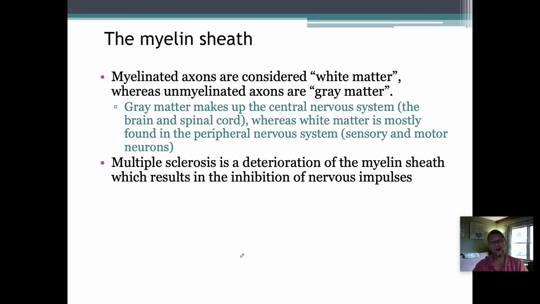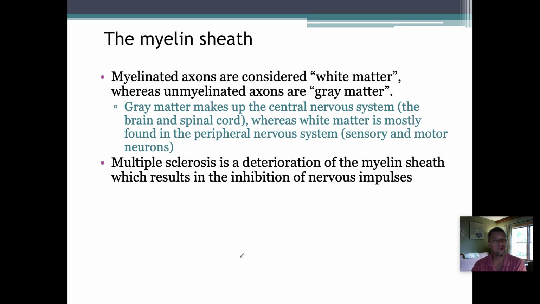Now, you may have heard the term white matter and gray matter when referring to the brain or the nervous system. So what exactly does that mean? Well, you may have noticed from the picture that the myelin is illustrated in white, and that's no accident. Myelinated axons are considered to be white matter, whereas unmyelinated axons are considered to be gray matter.